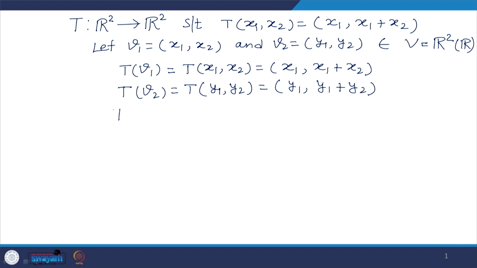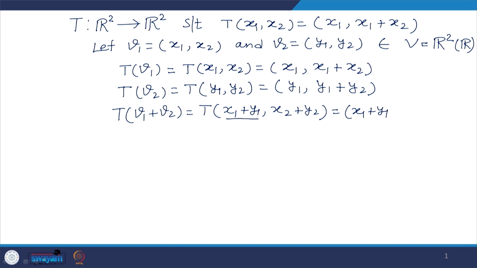Now, T of V1 plus V2 equals T of (x1 plus y1, x2 plus y2), and this becomes x1 plus y1, that is the first component as per the definition of T, and then the sum of these two components, so x1 plus y1 plus x2 plus y2. Now, this equals T of V1 plus T of V2.